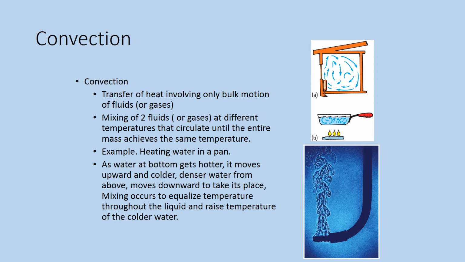In either way, there's a circulation of the two fluids so that when I turn off the heat, they will achieve an equilibrium temperature throughout the container or throughout the volume of the water, assuming that there is no other heat transfer from the air, for example.